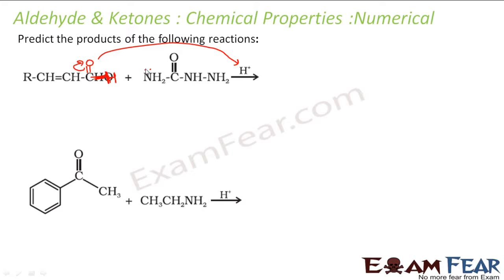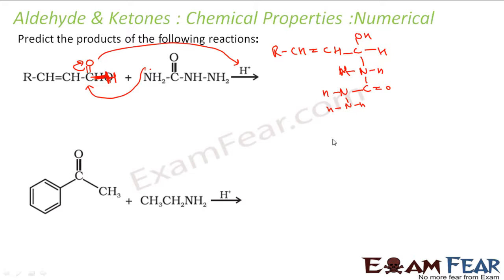This positive charge, this nitrogen will attack this guy. So what you get is RCH double bond C H C. Here I'll get OH, right? There is the H here, and this I'll get NH2, and here I get C double bond O, NH, NH2.